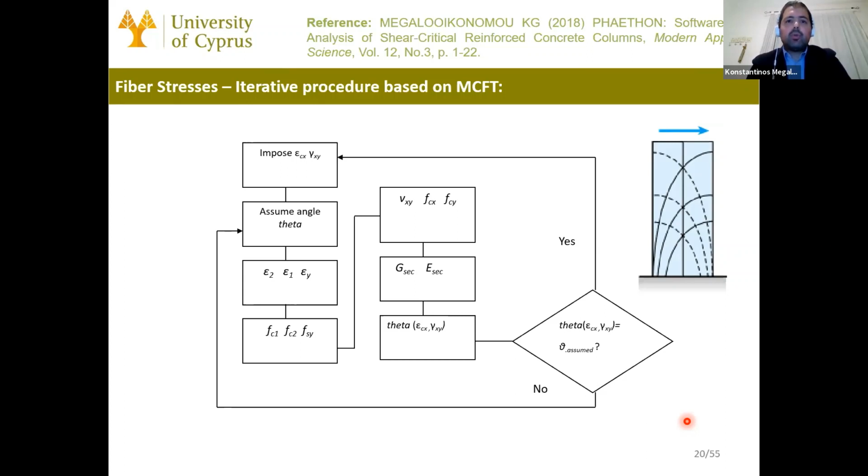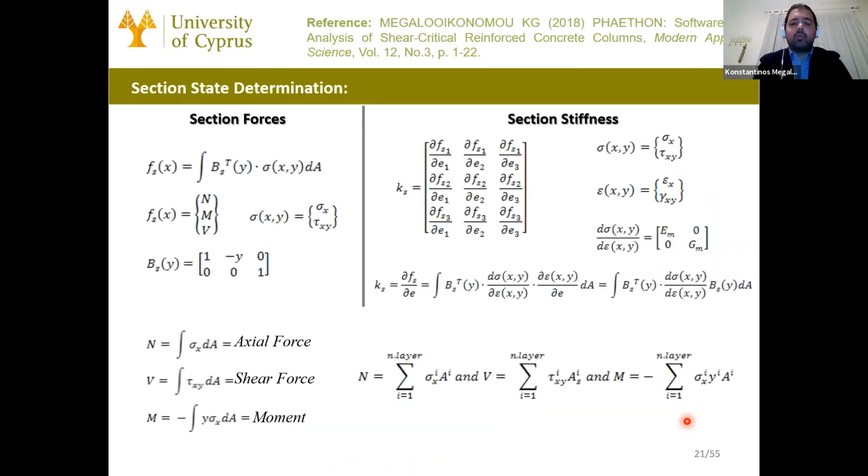And based on this biaxial constitutive material law, as section state determination, you can see here how the forces of the section are determined. We start from known strains, and we calculate the shear and the normal stress. We integrate those by summation of the contribution of each fiber. The shear force comes directly from integration of shear stresses.